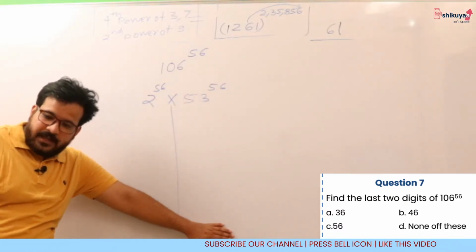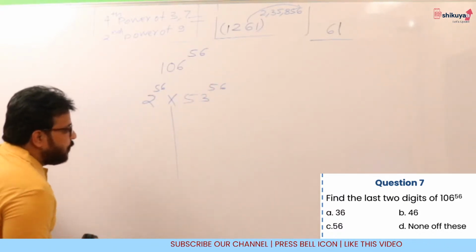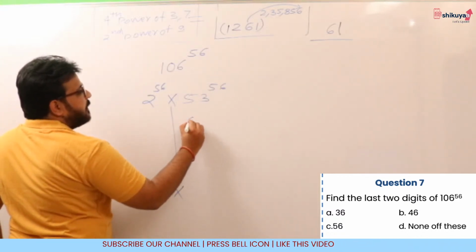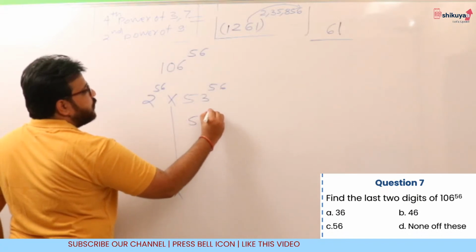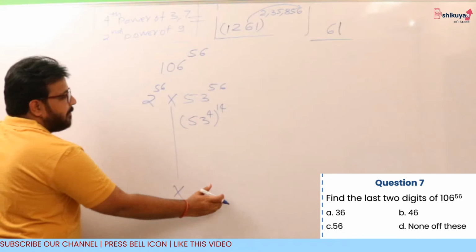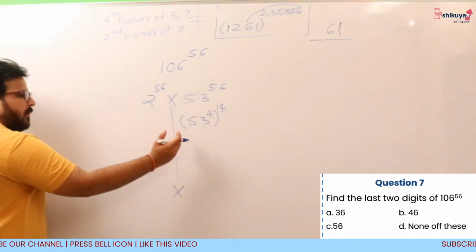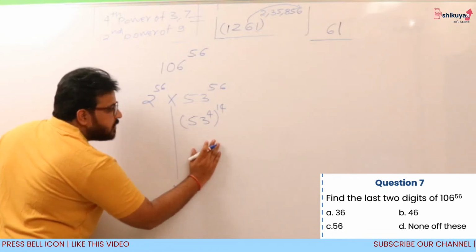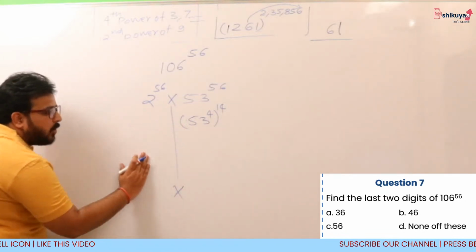Correct? 53 raised to 4 raised to 14. Do this and tell me the answer. But you are supposed to calculate this later on. Don't calculate this immediately, because I'm going to tell you something important.